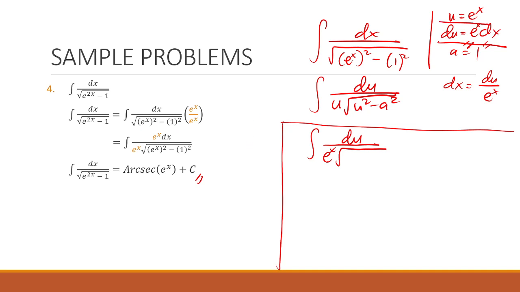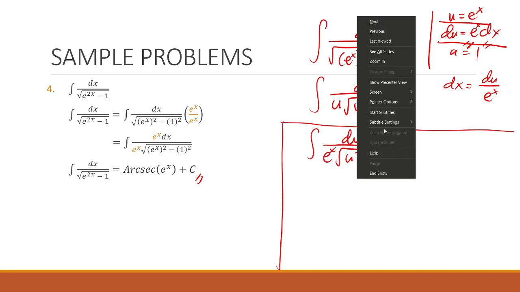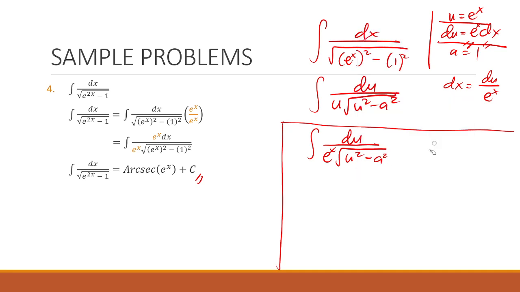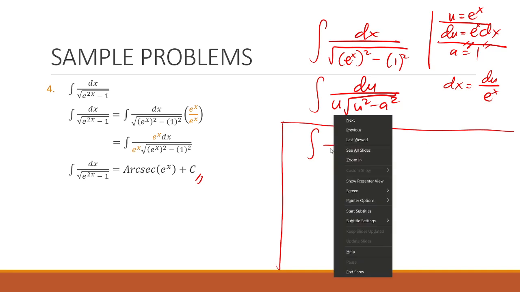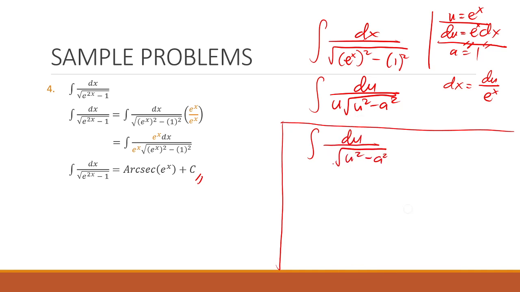Diba? So u squared minus a squared, where a is 1. And don't forget that e raised to x is u, right? So we can replace e raised to x with u. Okay, so arcsecant. Diretso na.